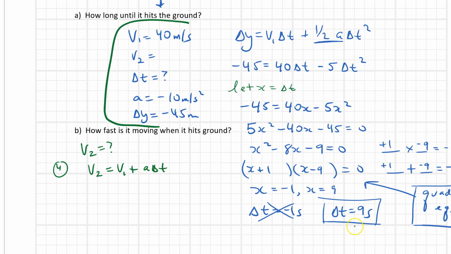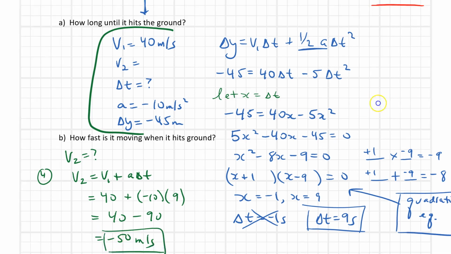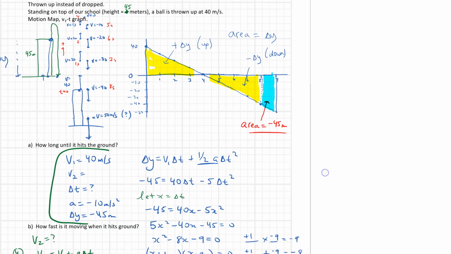Originally we were going 40 in a positive direction, and then it changes by 10 downwards each second, and that was for 9 seconds. So we're going to get 40 minus 90, so minus 50 meters per second. But we can even figure it out from our graph.